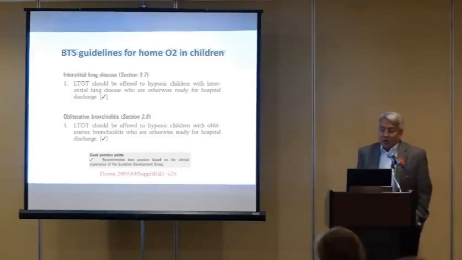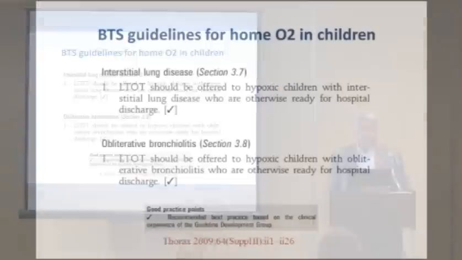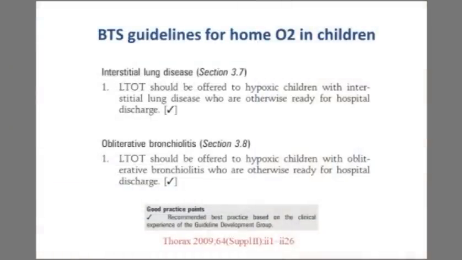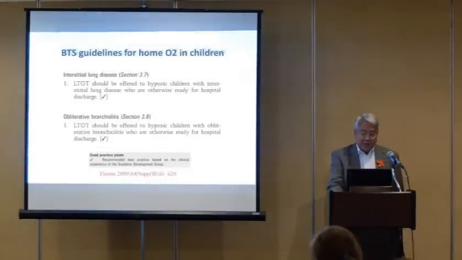And therefore, we have the British Thoracic Society Guidelines for Home O2 Use in Children, and they clearly state that long-term oxygen therapy, or LTOT, should be offered to hypoxic children with interstitial lung disease who are otherwise ready for hospital discharge. So they were looking at it from a hospitalized patient's point of view, and the same position was held for patients with obliterative bronchiolitis or bronchiolitis obliterans.